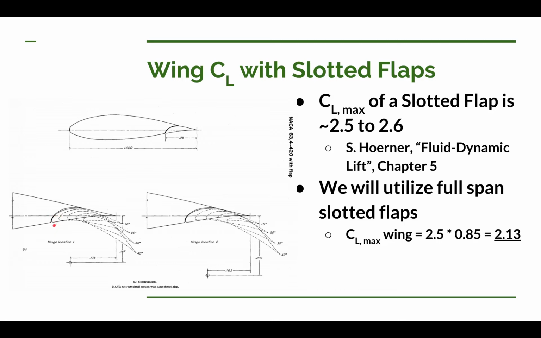This gap is going to be wider here at the bottom of the wing where we have higher air pressure, and it's going to be narrower up here at the trailing edge of the wing, which will cause the air to accelerate and shoot through this gap nearly tangent to the surface of the flap. That accelerated air re-energizes this boundary layer and helps prevent it from separating.